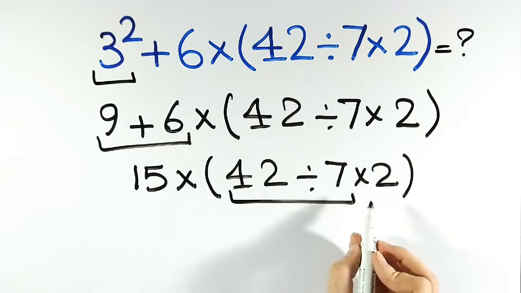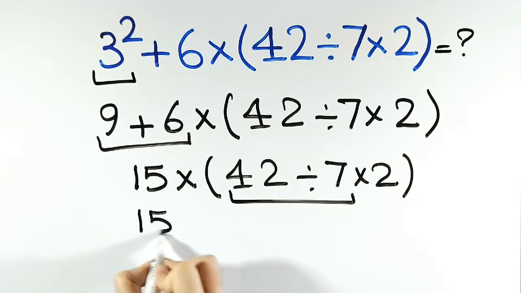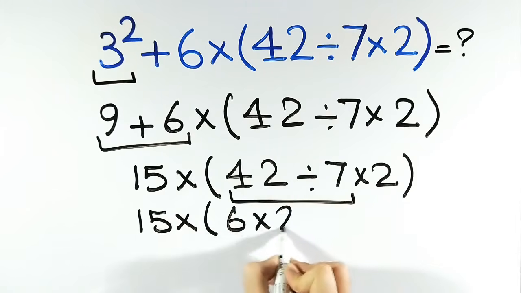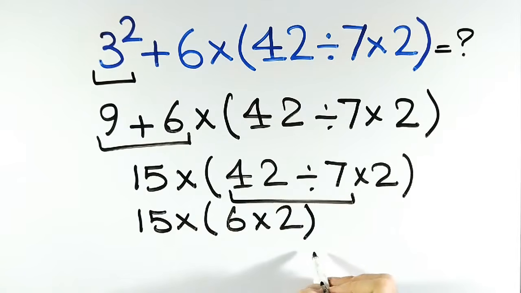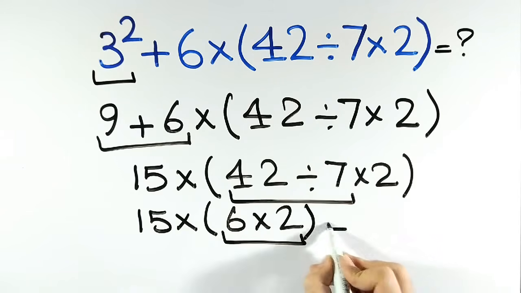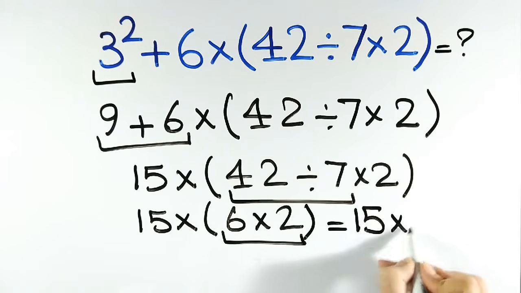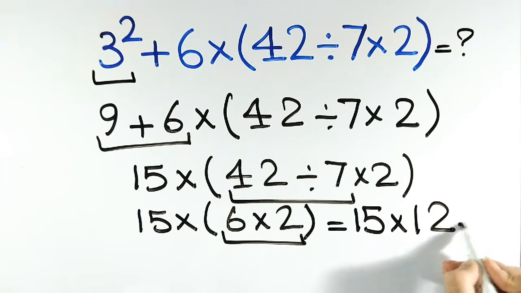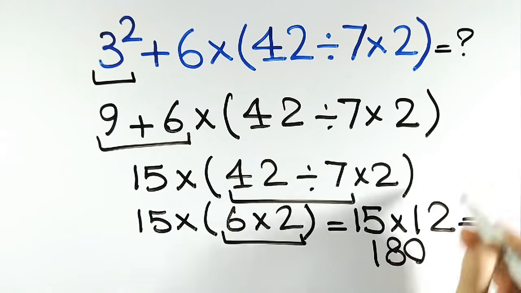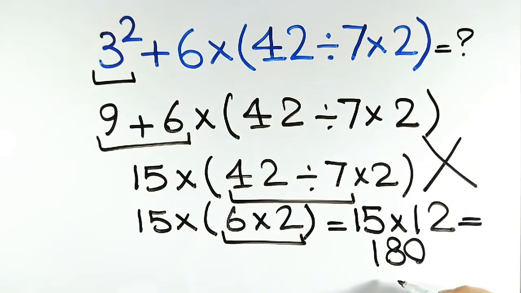So instead of this expression, they write 15 multiplied by (6 times 2). In the final step, they go for the multiplication between 6 and 2 and write this expression as 15 multiplied by 12, which finally gives them the answer 180. However, this answer is absolutely wrong.